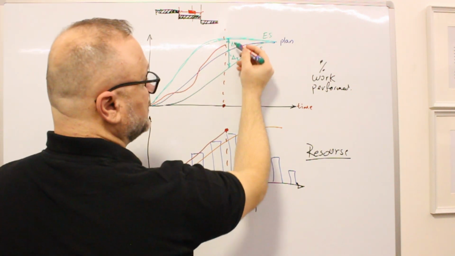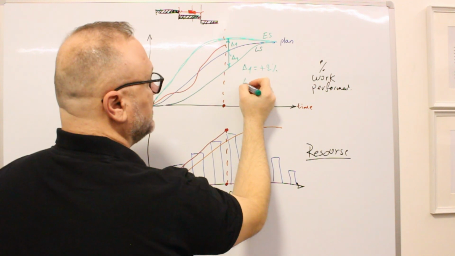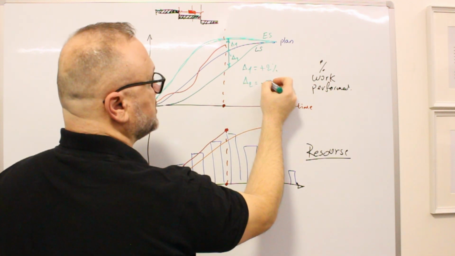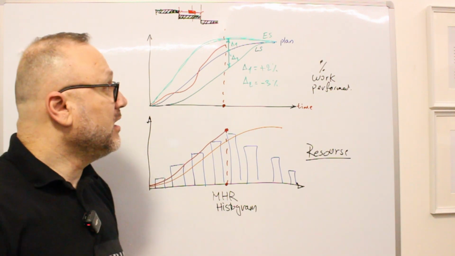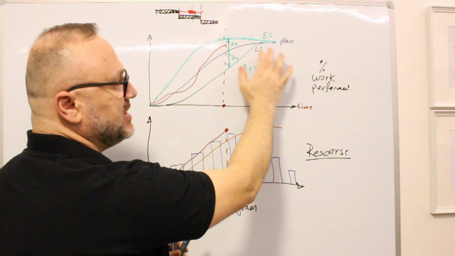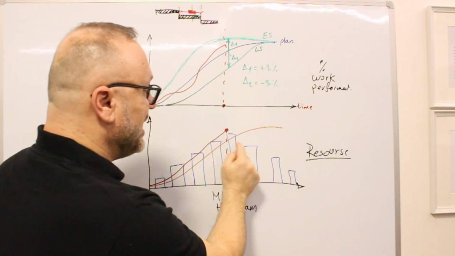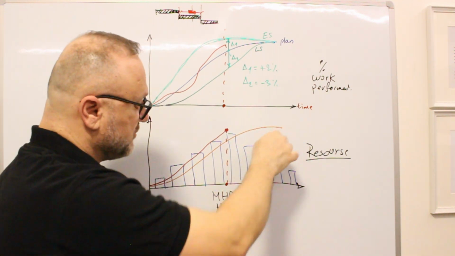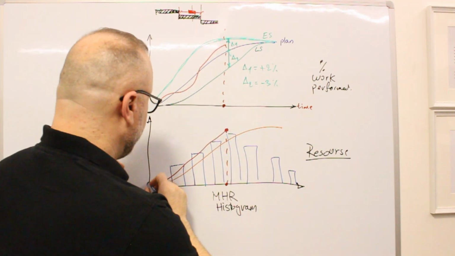My percentage of delta 1, for example, is plus 2%, and my delta 2 is minus 3%. This is an example only. How can I apply it here? I will simply take the same delta deviation and apply it to this curve. The same deviations in different periods, apply them here.